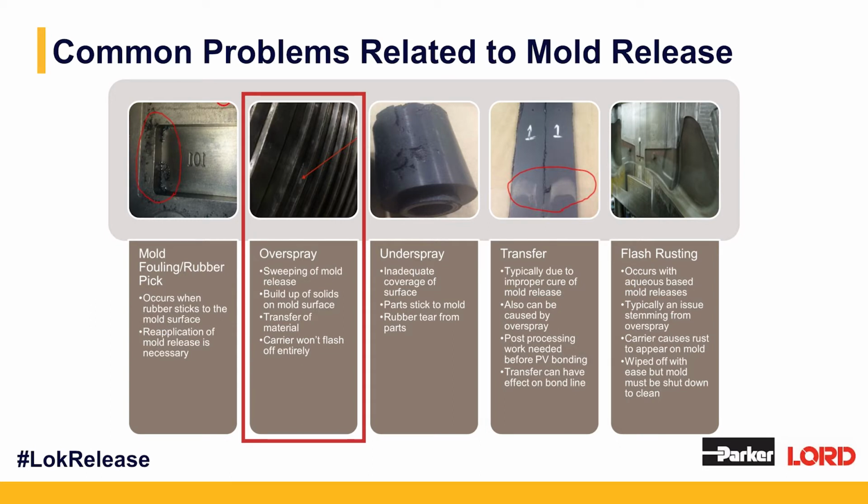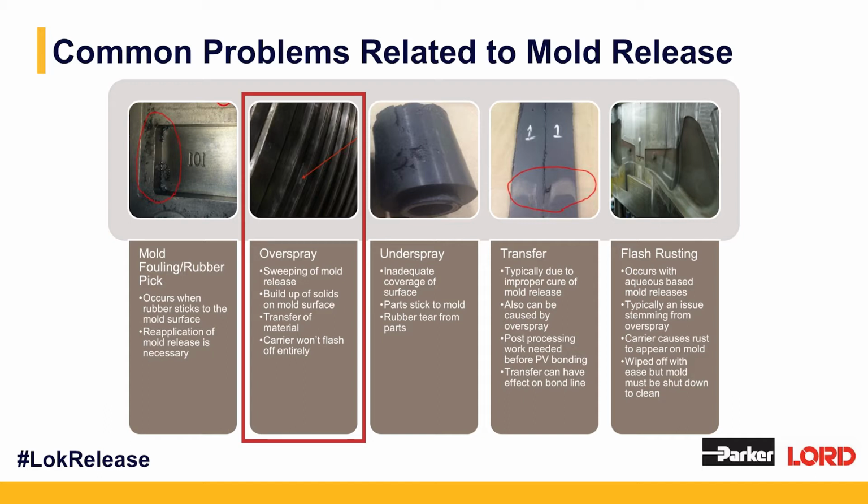Overspray is when the mold release is applied too heavy. When the mold release is applied too heavy, there will generally be a residue on the mold surface, which is the release agent that was not able to cure or adhere to the mold surface. If overspray is detected, you can use a clean dry rag to wipe off the excess prior to starting the molding cycles.